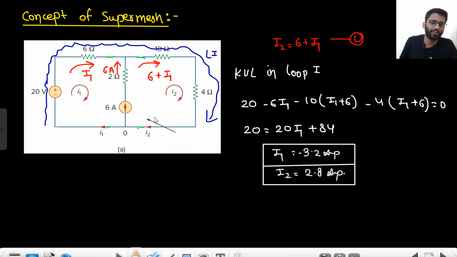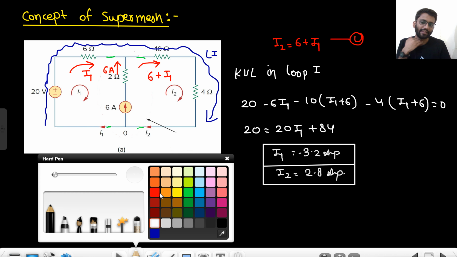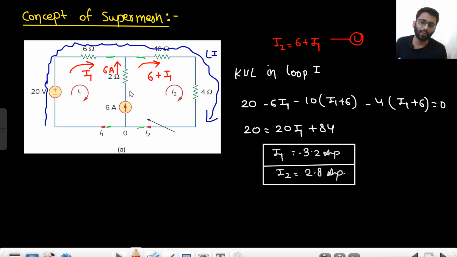I will not apply two equations here, even in the exam. If I apply two equations here, I will also have to find the voltage V. If I apply the mesh analysis or KVL in this loop, I will write 20 minus 6 I1 minus 2 (I1 minus I2) minus V equals 0.